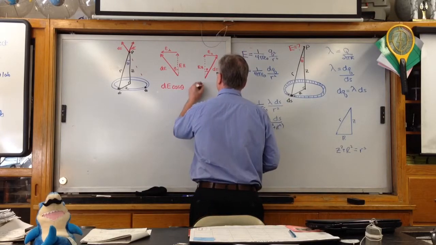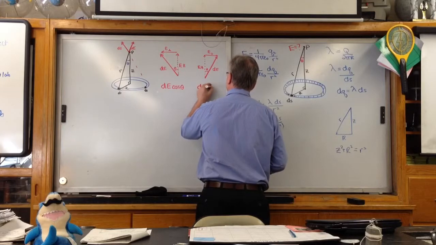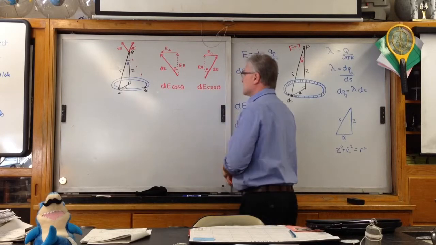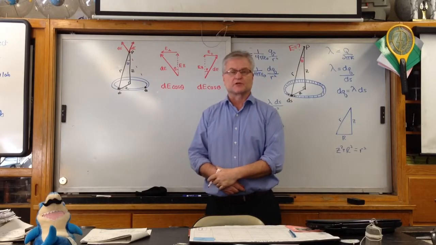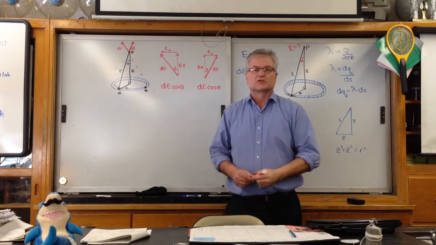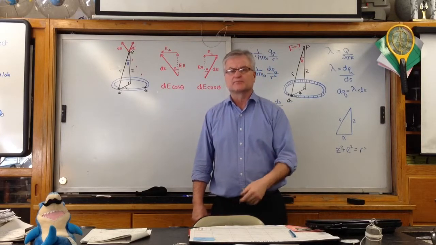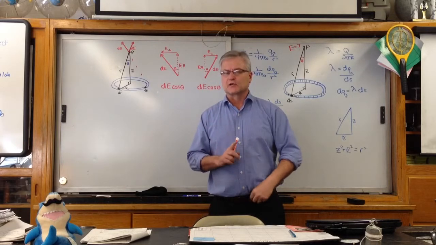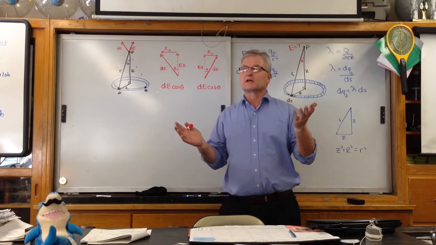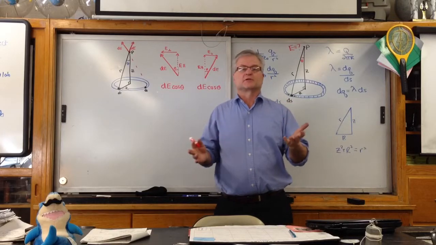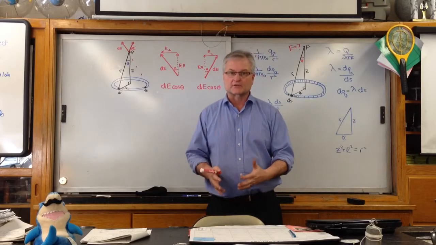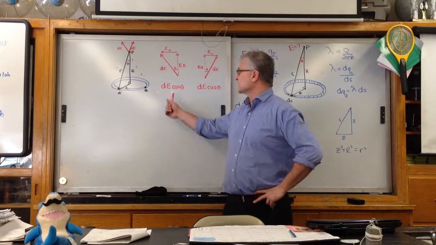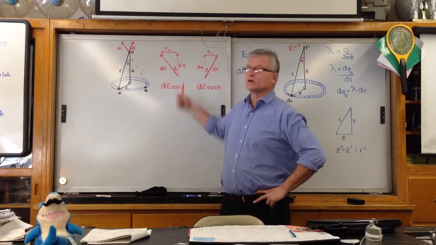And on this side also, dE cosine of the angle there. Those are the contributors to the electric field itself. So the only thing I care about are the ones that are going upward, the ones that are dE cosine theta, because the ones going in the x direction, left and right, are always going to negate each other. So the total electric field only comes from the contributions of the parts that are going upward.